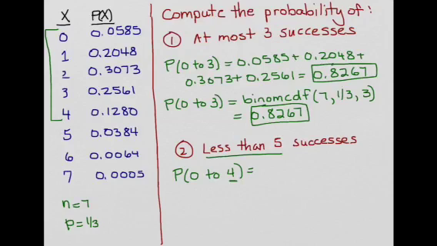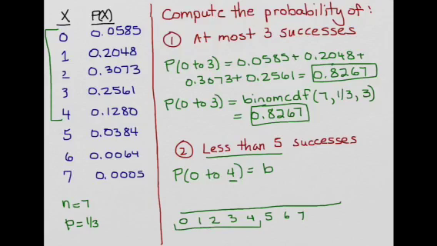So think of it this way. Think of a number line, and we have all of the numbers from 0 to 7. These are all the possibilities. And we want less than 5 successes. That means we want anything from 0 to 4. Those are all the ones that are less than 5. So I'll do this the same way I did the last problem.